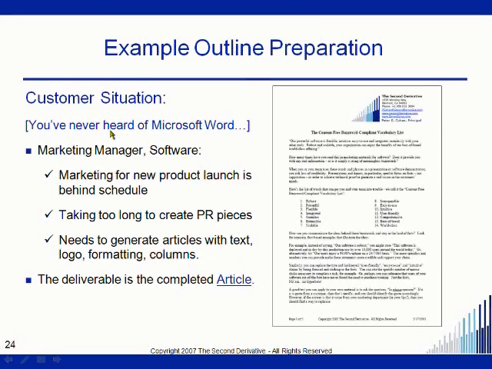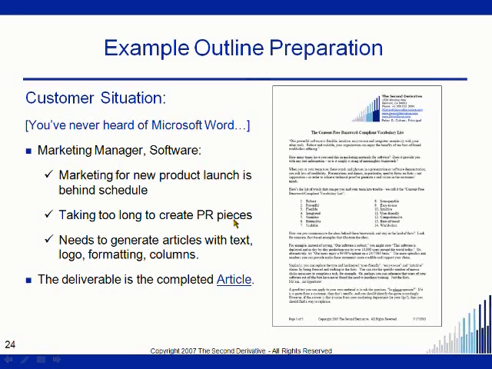So here's an example situation, and let us pretend for a moment that this is something like 15 or 20 years ago, and you've not heard of Microsoft Word. It's the age of pre-word processors. So you are, for example, a marketing manager in a software company. Then your challenge is you're behind schedule with a new product launch. The reason is it's just taking you too long to create the kinds of pieces you need for the launch.